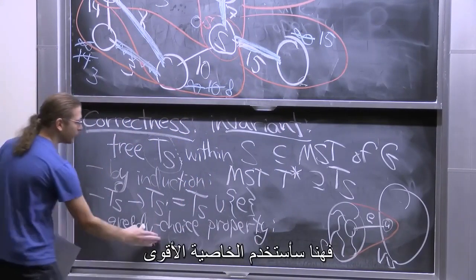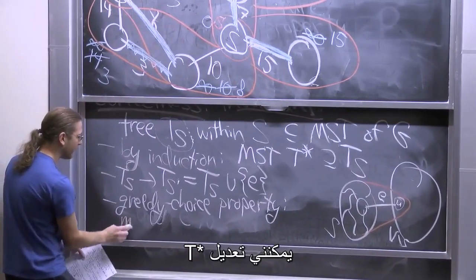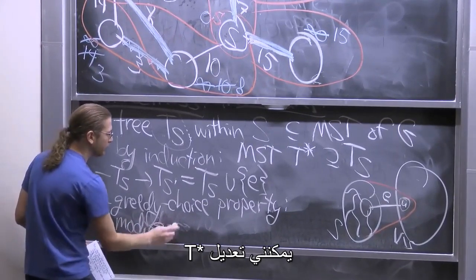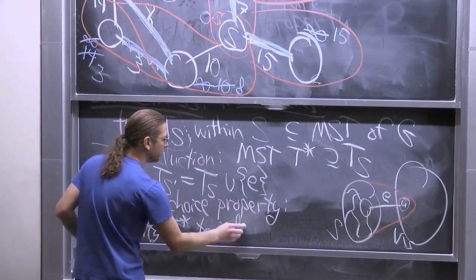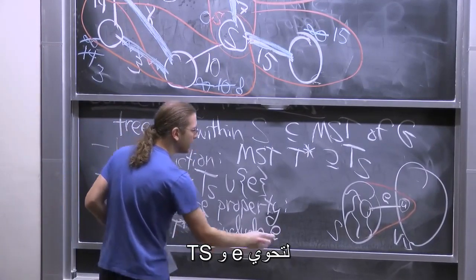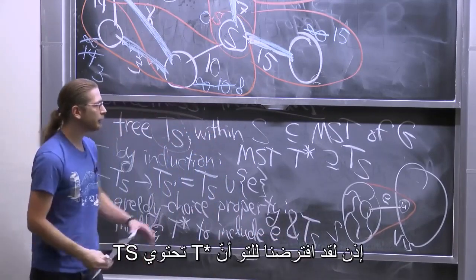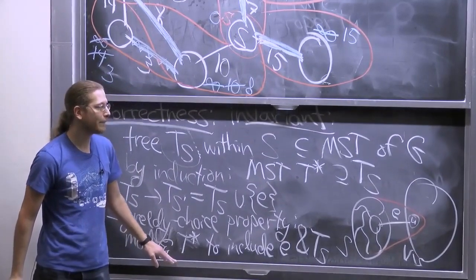OK, so here's where I'm going to use the stronger property. I can modify T star to include E and T sub S. So we already assumed that T star includes T sub S. I just don't want to break that.